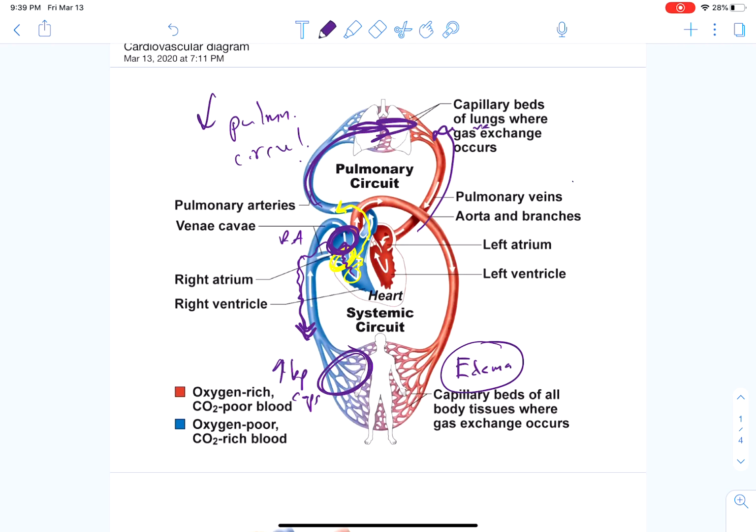Pulmonary circulation is going to go down. And if pulmonary circulation goes down, what does that do to gas exchange? You have a decreased gas exchange, which probably means you're going to have low oxygen and high CO2. And how's the body going to try to correct for that? You're going to increase your respiratory rate.